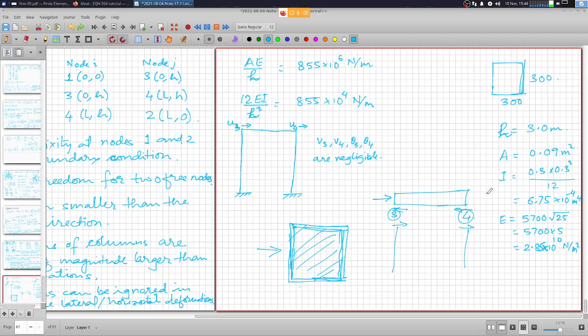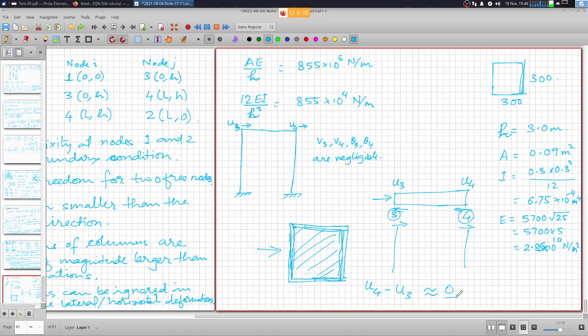So there is no reaction from the free end of this. And we all know that this reaction is going to be 12 EI by L cube multiplied by the lateral deformation that you have. So that is the shear that is developed in the columns.